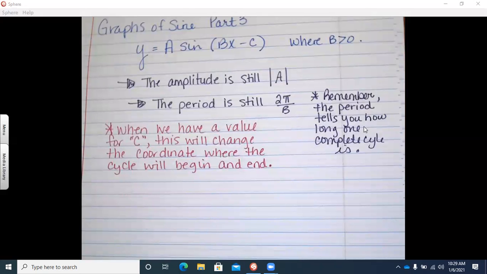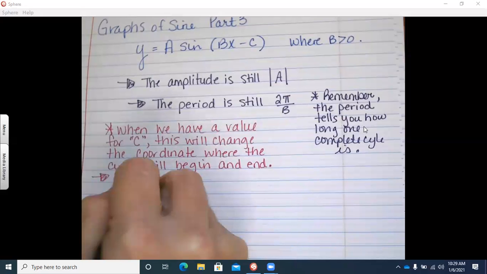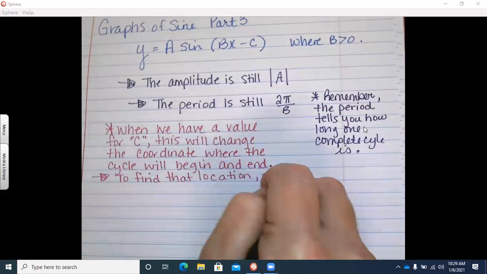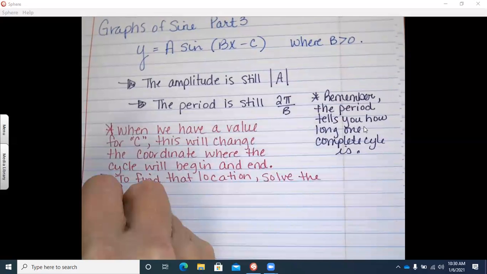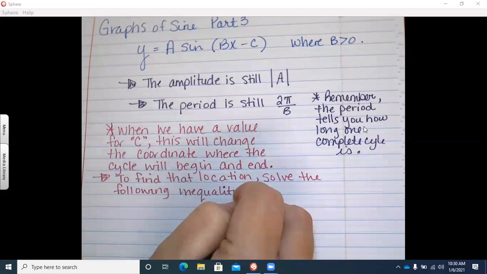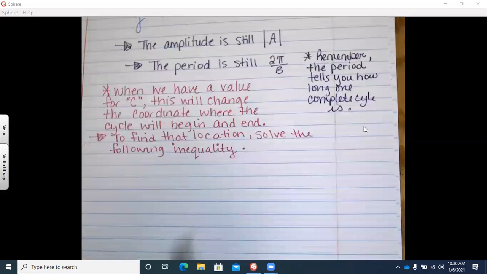To find that location, solve the following inequality, which is 0 is less than or equal to bx minus c is less than or equal to 2 pi.